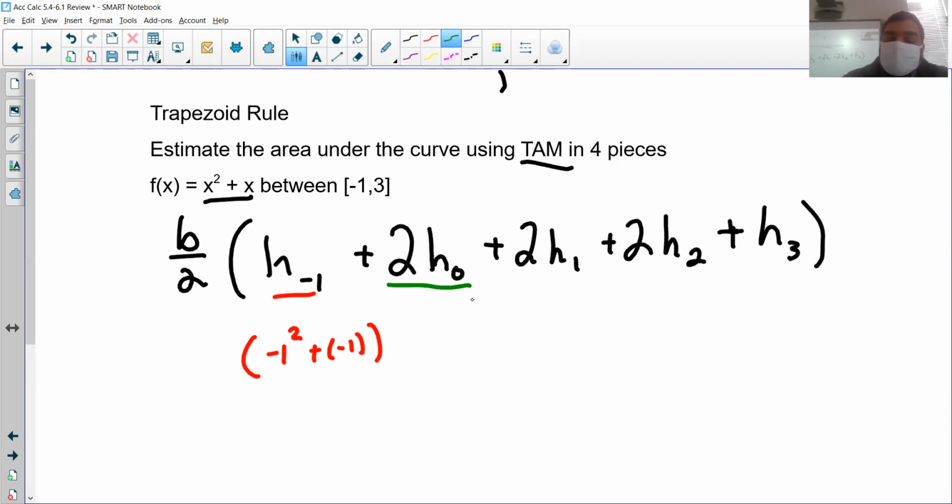Then the next one, it's going to be 2 times h of 0. That's a little easy because it's 2 times 0 squared plus 0. Next one, 2 times, if I plug in 1 into the equation, 1 squared plus 1.